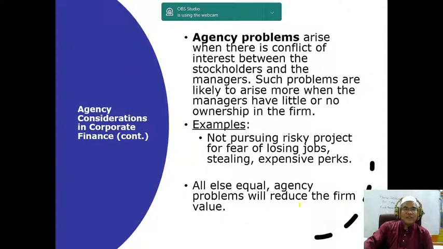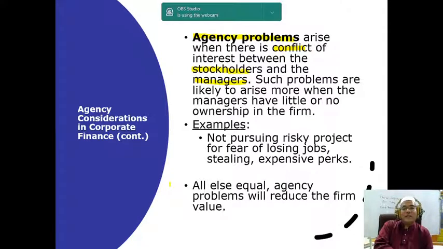So maybe the company will face agency problems. Problems arise when there is conflict. So you have to jot down: an agency problem is when there is a conflict of interest between the stockholders and managers, because we have so many stockholders.